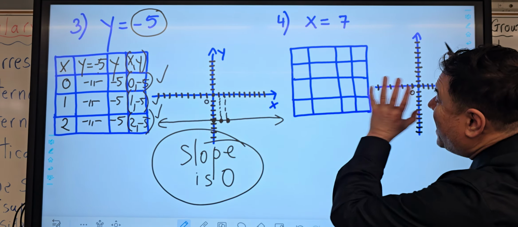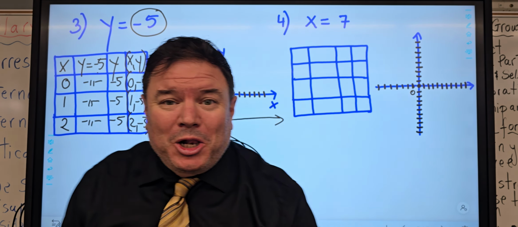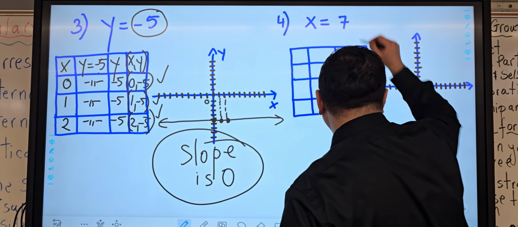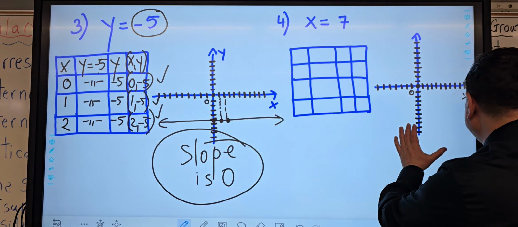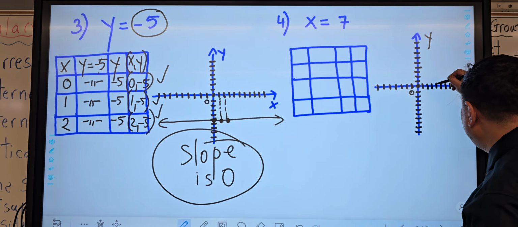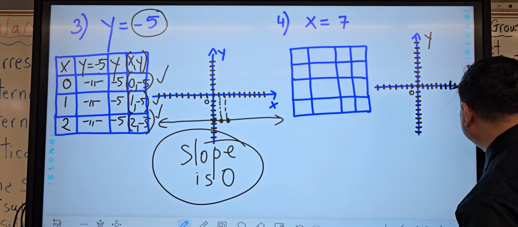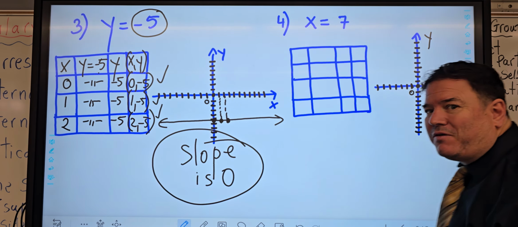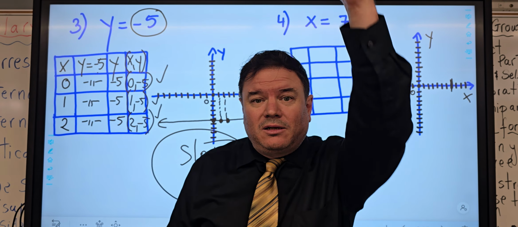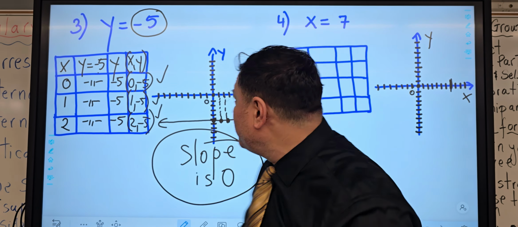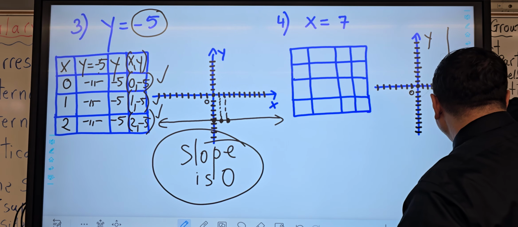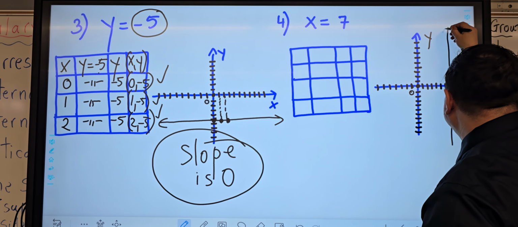Now, let's see when x equals a number. And remember, I've been telling you, when x equals a number, we go to the x axis. X equals 7. So we go 1, 2, 3, 4, 5, 6, 7, right here. And on that 7, when x equals a number, we are going to have a straight line up and down, a vertical line.